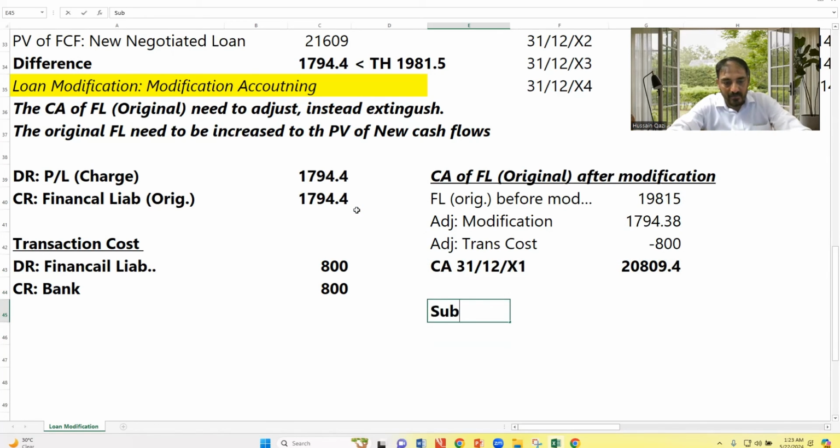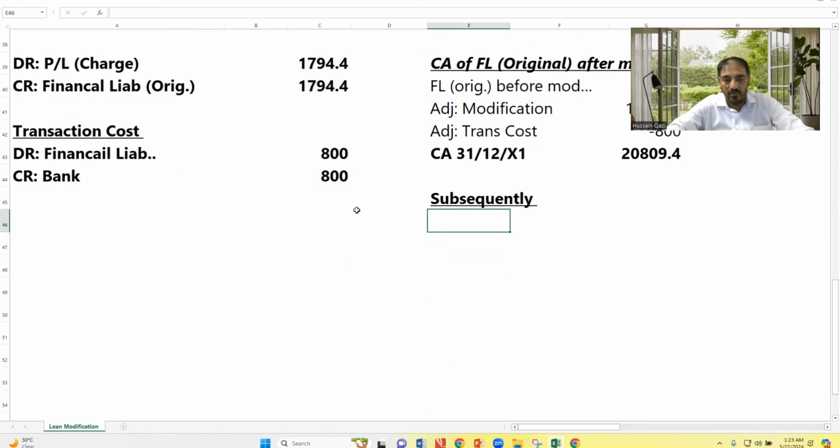And subsequently, what you should do at the next year end, 31st December X2.